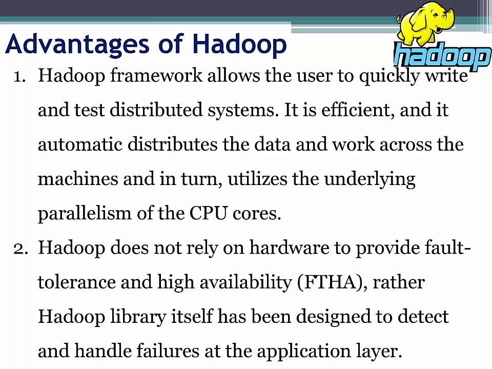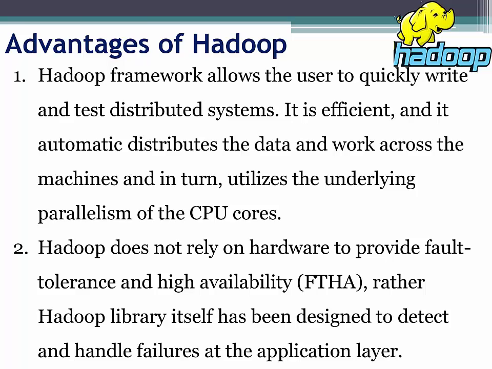Advantages of Hadoop. The Hadoop framework allows the user to quickly write and test distributed systems. It is efficient, and it automatically distributes the data and work across the machines and, in turn, utilizes the underlying parallelism of the CPU cores.